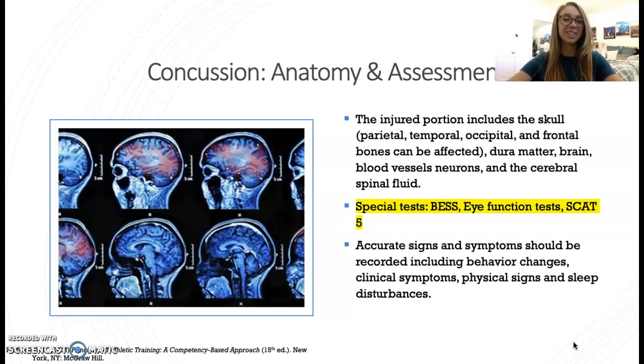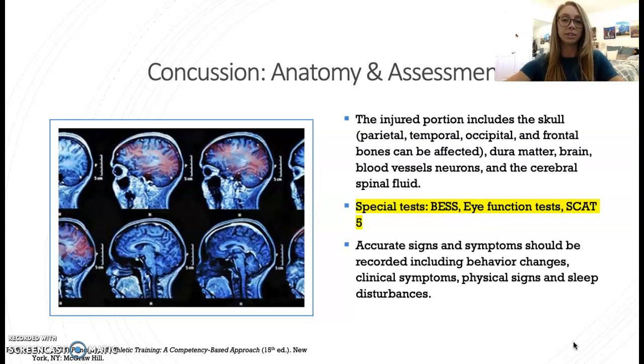So for the assessment, it's really important to make sure that you figure out that it is a concussion and then take the appropriate steps from there, such as a BESS or eye function test or a SCAT-5 test to really see the baseline of where the athlete or the patient is at and then go from there.